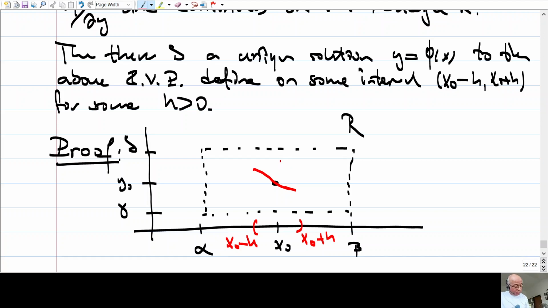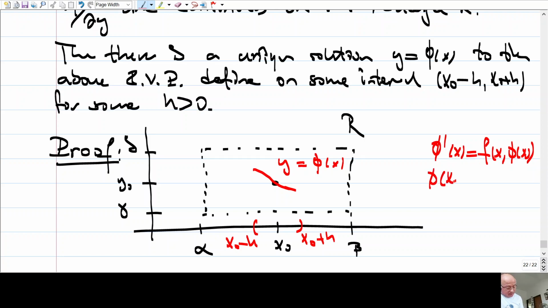So this is y equals phi(x), the solution. It satisfies the differential equation: when I plug it into the equation, I have this, and when I plug x0 in, I get y0.